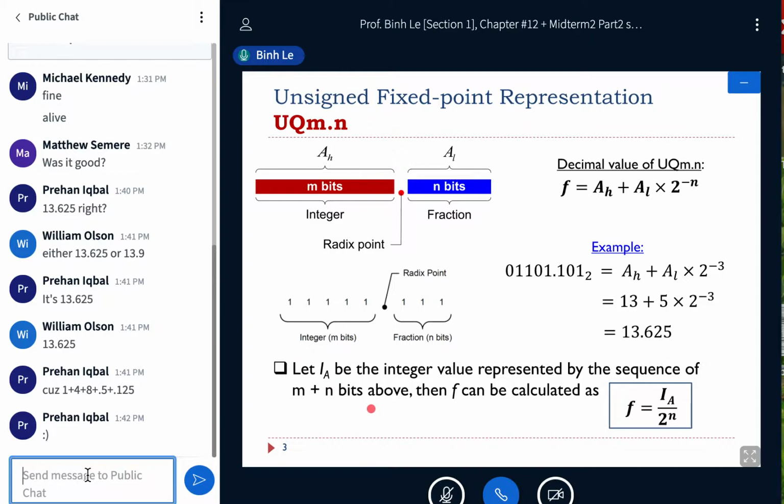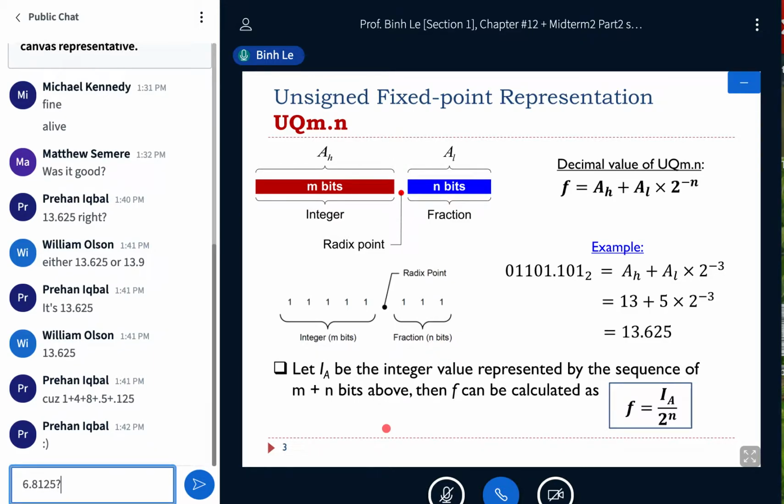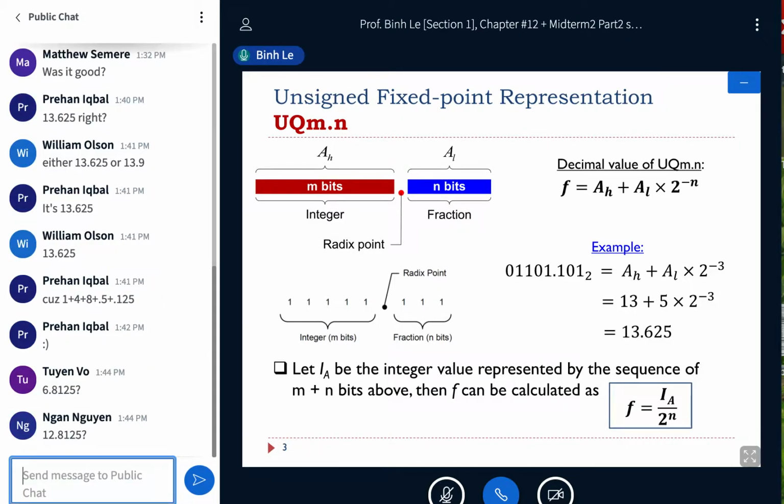What will be the real number value that the binary number represents? Please answer quickly. If you do it slowly, you will miss some points in the final exam.